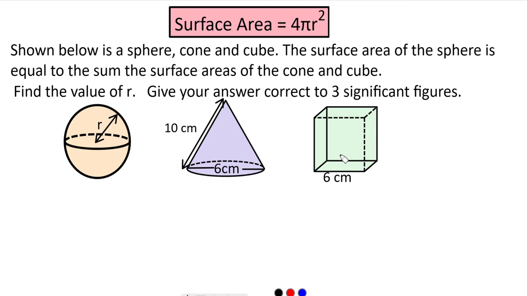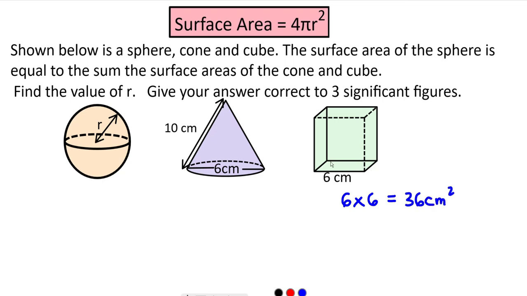Because it's a cube, all the sides are the same, and each face is a square. So the area of one face is 6 times 6, which is 36 centimeters squared.